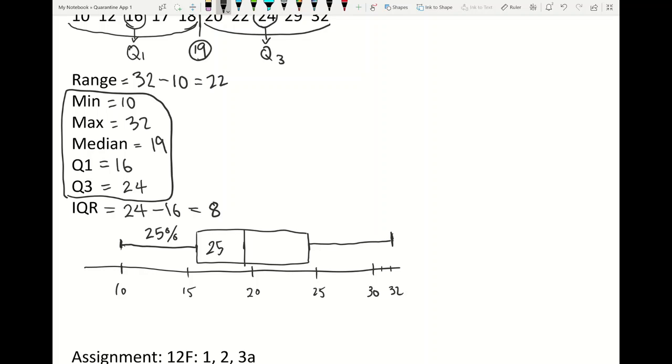If you have a long whisker, for example, it means that the data points are spread widely. If you have a short or narrow box, that means that the data points are squished or clustered together, very close together.